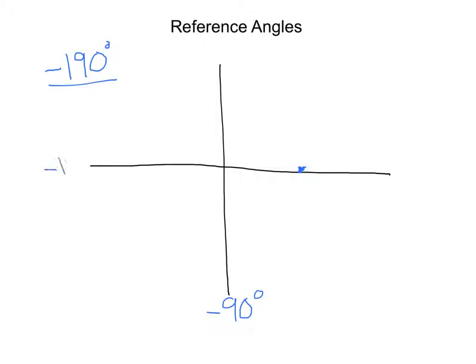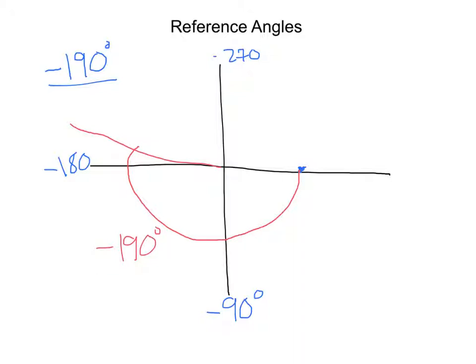This would be negative 180. This would be negative 270, etc. So if we're trying to sketch negative 190, I could start here, and I'd go past negative 90, past negative 180, and a little bit more would give me my negative 190 degrees.